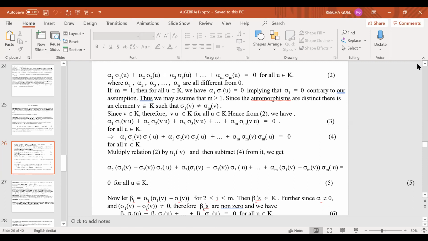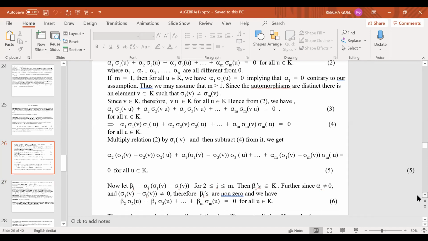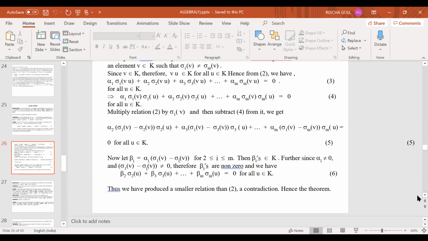And so if I just substitute the values of beta i in this expression 5, I get beta 2 sigma 2 u plus beta 3 sigma 3 u plus ... plus beta m sigma m u equal to 0.